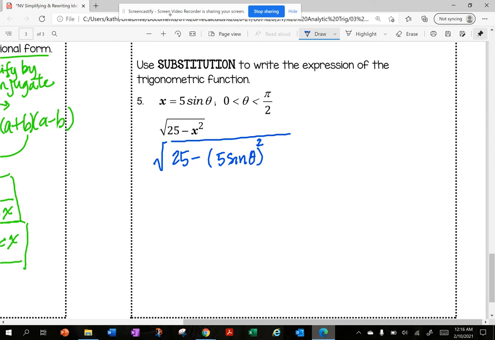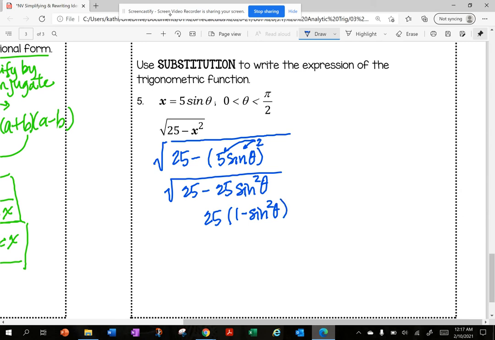When the squaring is on the outside, it applies to both terms. So this is going to be 25 minus 25 sine squared theta. So I'm going to factor out a 25 here, giving 1 minus sine squared of theta.